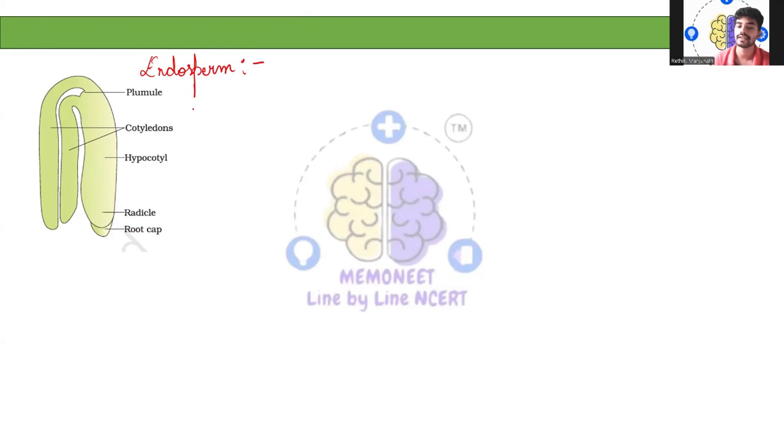In general, the cells of this tissue are filled with reserve food materials, and they will be used as nutrients during the development of the embryo.